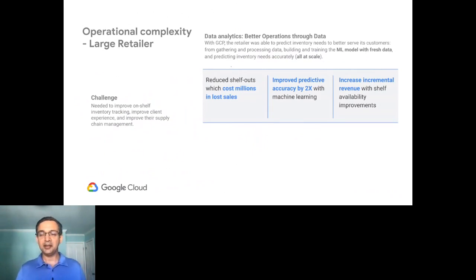So this has a lot of operational complexity. You need very fresh data all the way from your store to what shows online, what goes to your machine learning model, and then finally to your supply chain software in your ERP system. So you can actually say, in this store, I need this many items for this particular SKU on this date. Now, they have made that happen, and it's running fairly well, saving them millions in lost sales.